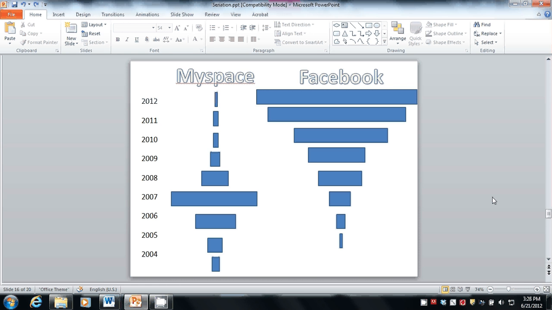MySpace has suffered a decline, a precipitous decline, since then to the present day. These are the fortunes, I suppose, of internet companies. By the end of 2009, after being worth $12 billion in 2007, it was estimated to be worth, say, $1 billion.